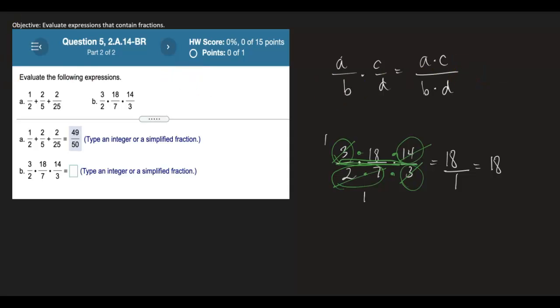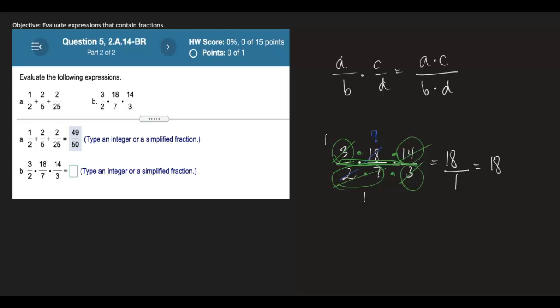And I just want to make one final note that this is not the only way to reduce within the problem before multiplying numerators and denominators. For instance, I could have focused on the 2 and the 18, marking out this 2 and marking out a 2 from the 18, or dividing 18 by 2 and being left with 9.